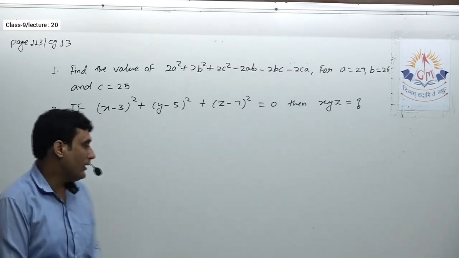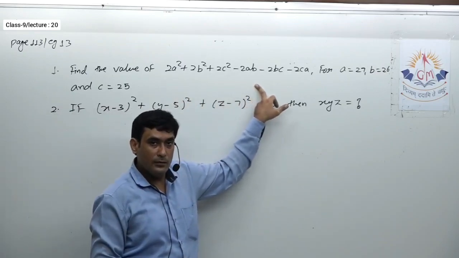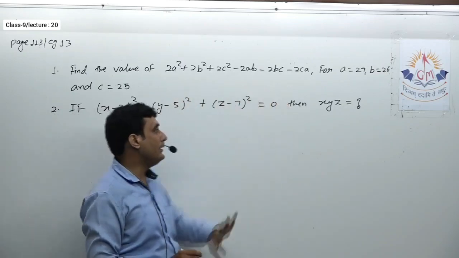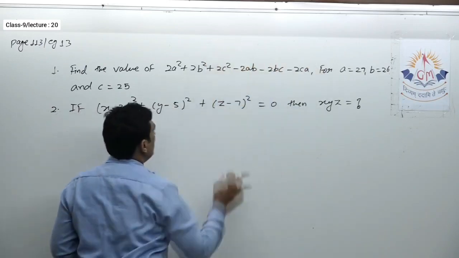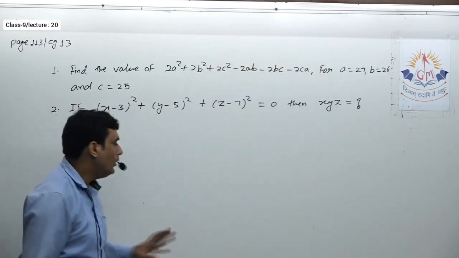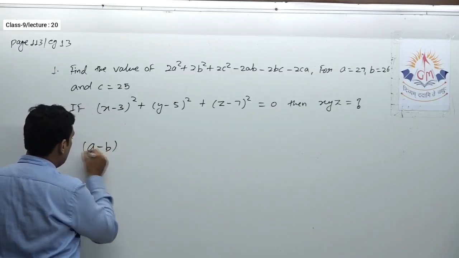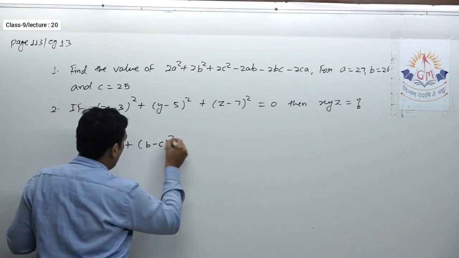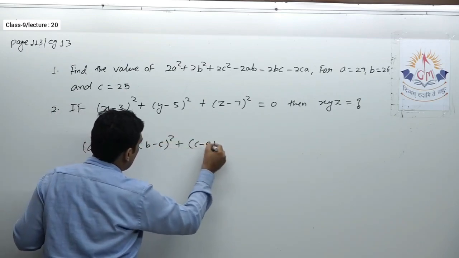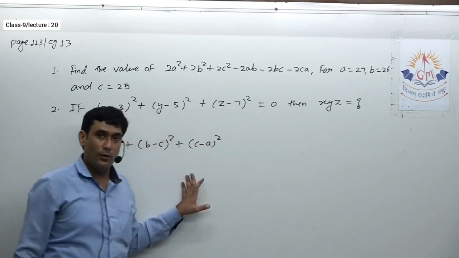See, over there we saw that this cannot be negative, or this is always a non-negative number. That means this is either equal to 0 or equal to a positive quantity. We explained this by this concept: (a minus b) whole square plus (b minus c) whole square plus (c minus a) whole square is always a non-negative quantity.